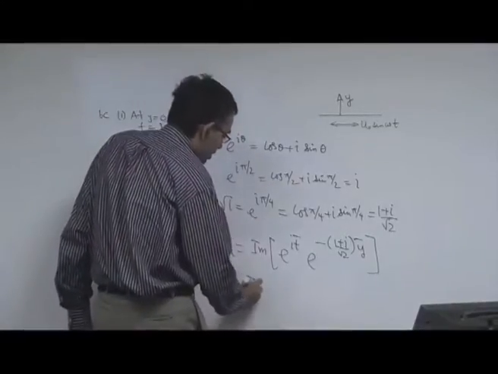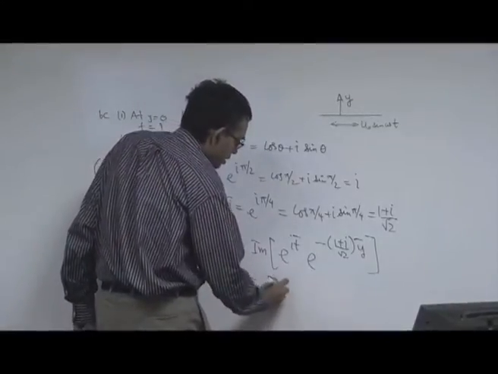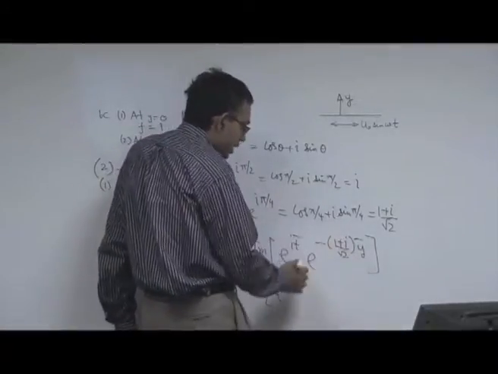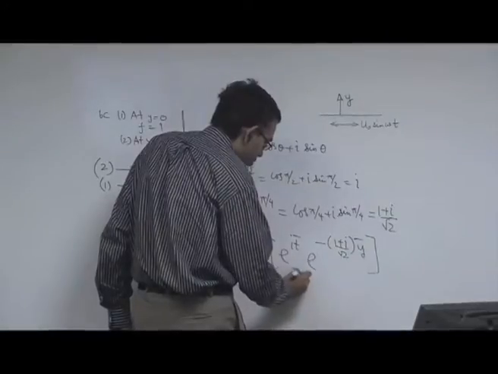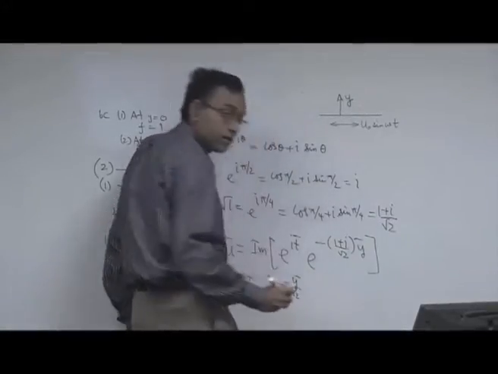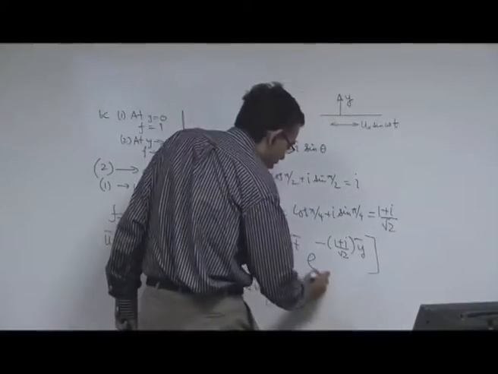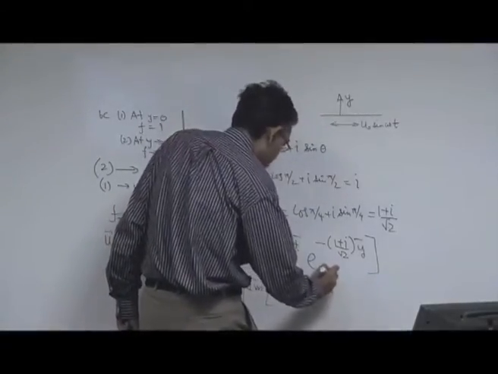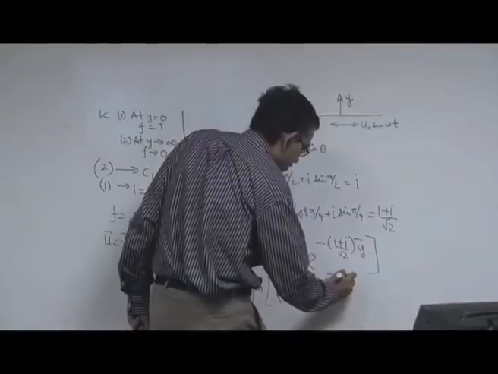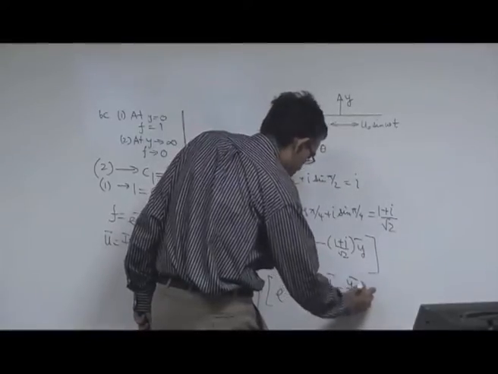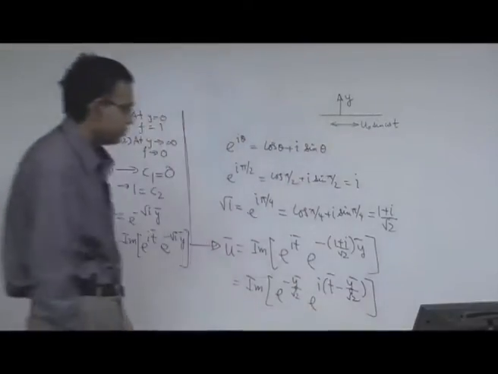So, this is imaginary e to the power, first take the real component minus y by root 2, right, into e to the power i t minus y by root 2, right.